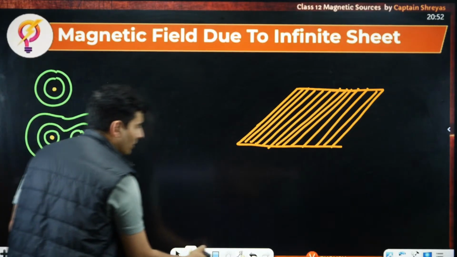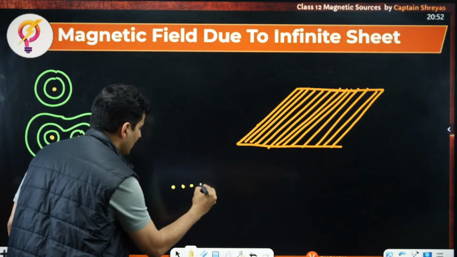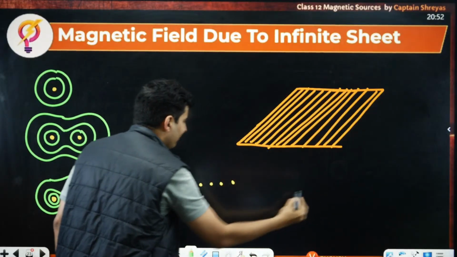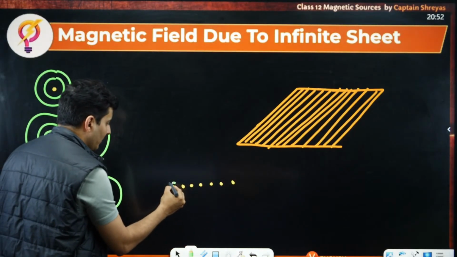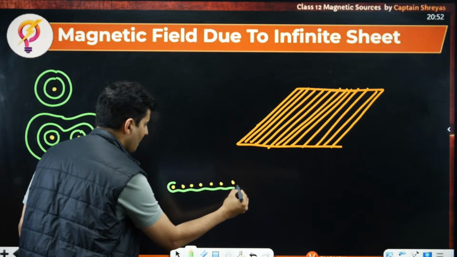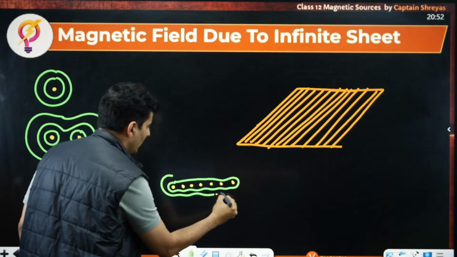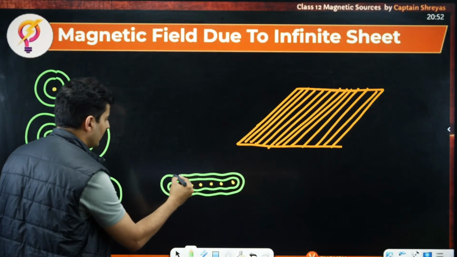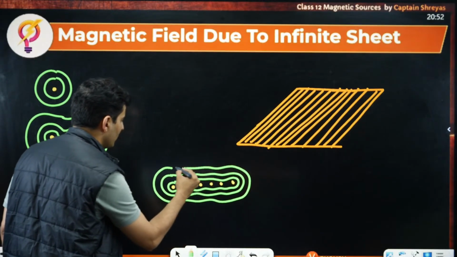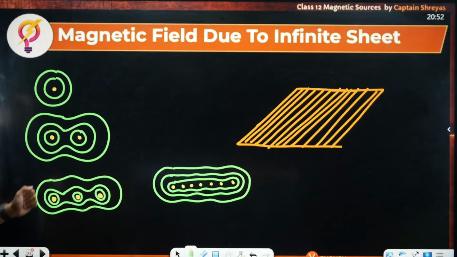Now imagine there are many wires closely packed to each other. Forget the very close ones, but otherwise it will look something like this. There will be small undulations, some small curviness, but more or less it will be like this. Can you visualize it? For many wires, the field will be like that.